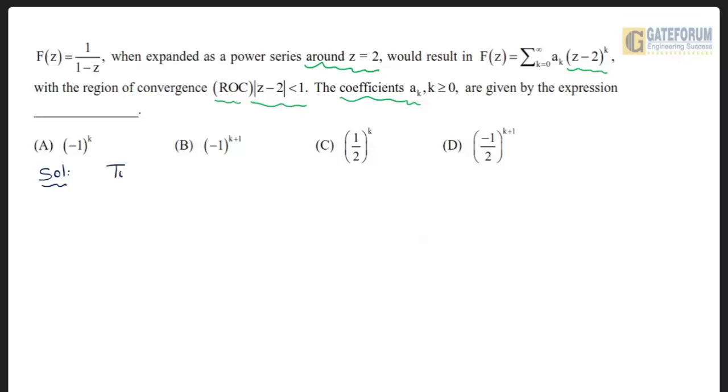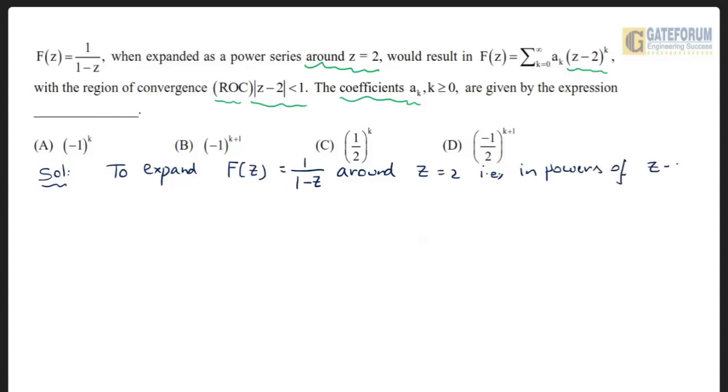So to expand capital F of z is equal to 1 upon 1 minus z around z is equal to 2, that is, in powers of z minus 2.